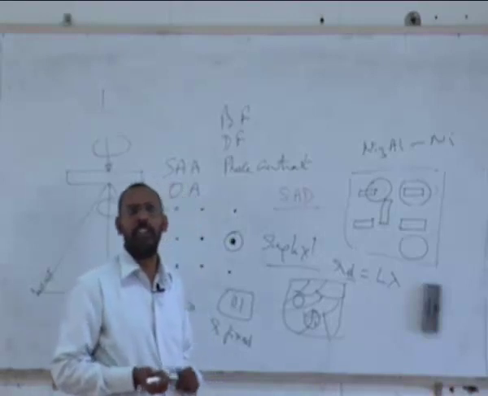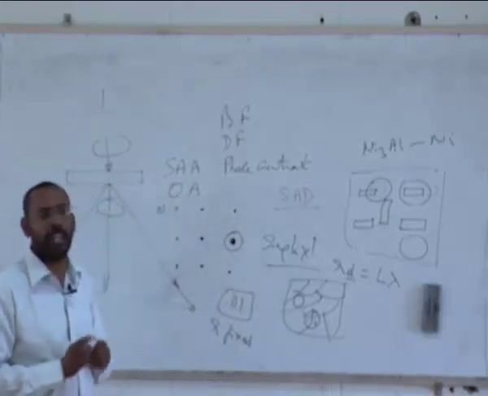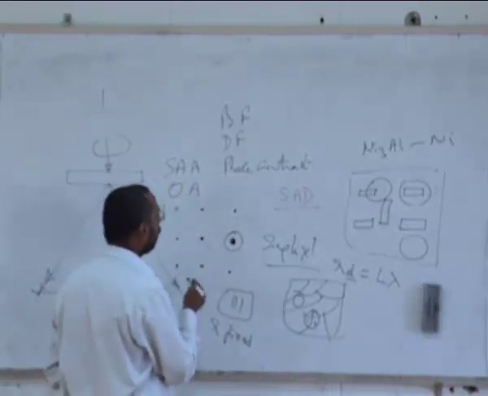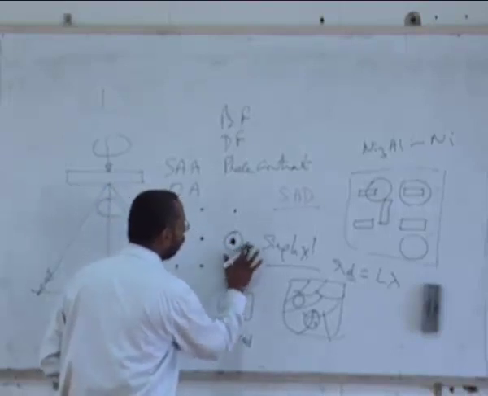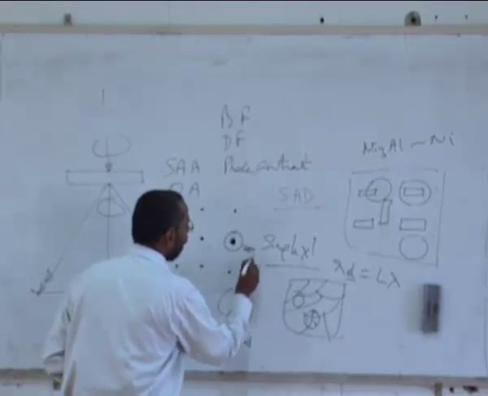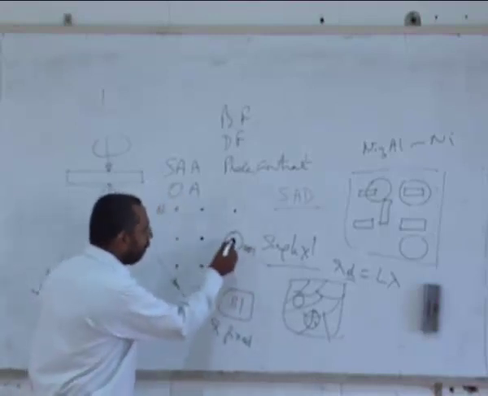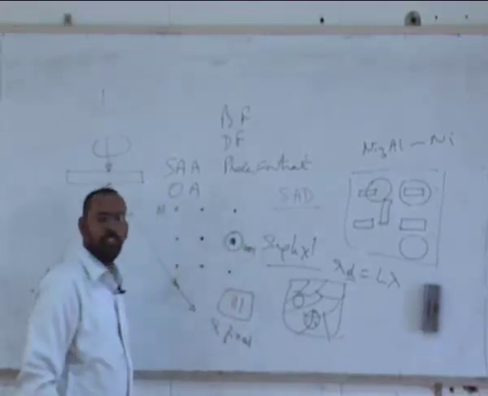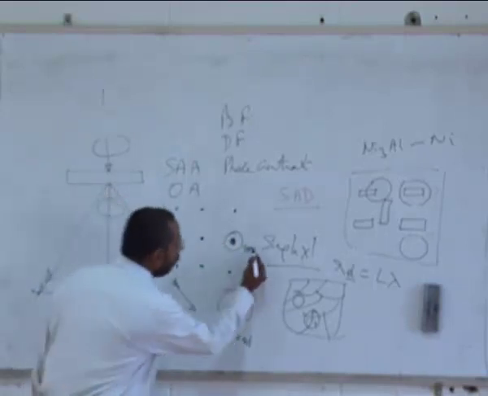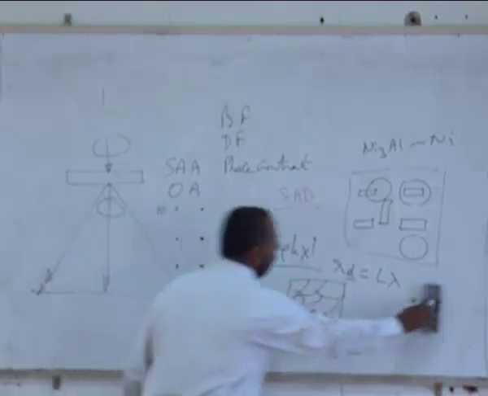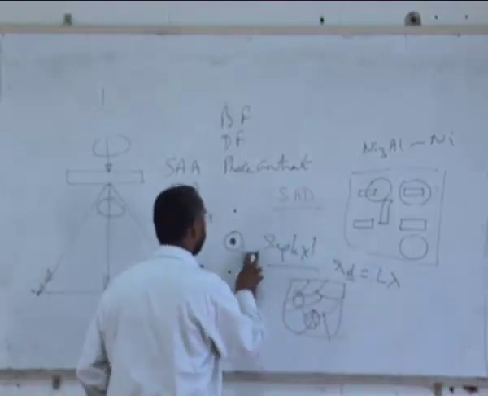Then what is the difference? How does that composite pattern look like? For example, if I am choosing one particular plane called 100 plane or 010 plane, let us say. If one of the grain is giving a 010 diffraction spot at this point, 010, sorry, I wanted to write it as 010.